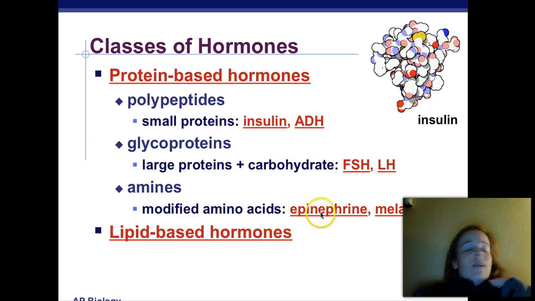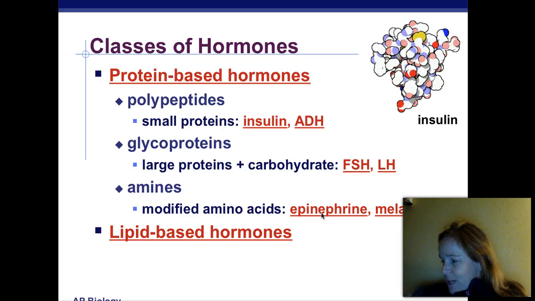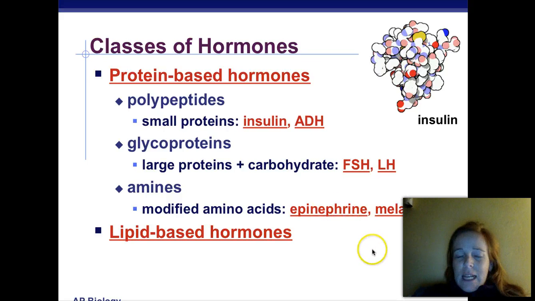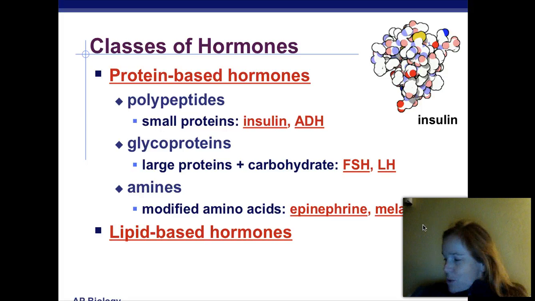We've talked about epinephrine before as the fight or flight reaction, the stuff that gets you moving. It's regulated by the nervous system. It raises blood glucose levels and increases metabolic activities, obviously. And melatonin regulates sleep. It's produced by the nervous system.